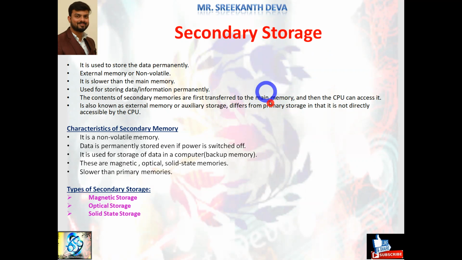The instructions are always executed from main memory only, even if we are storing the data in secondary storage devices. Okay, so it is also known as external memory, auxiliary storage. It differs from primary storage in that it is not directly accessible by the CPU. Okay, so these are all the main points of secondary storage devices.